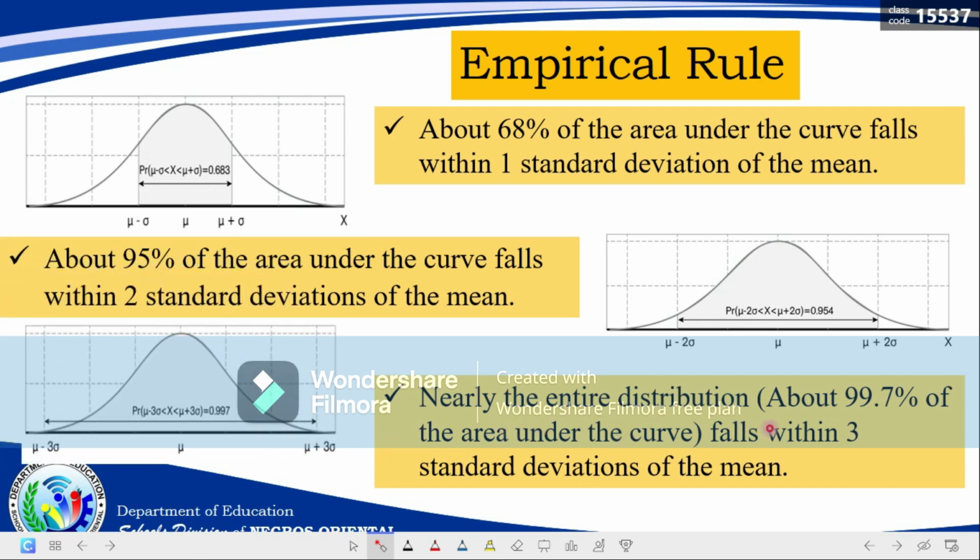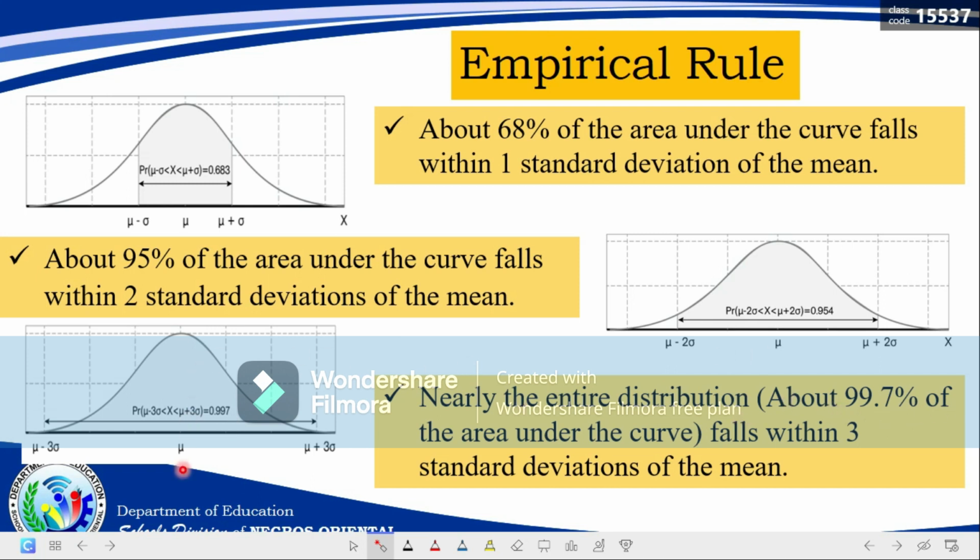Nearly the entire distribution, or about 99.7% of the area under the curve, falls within 3 standard deviations of the mean. So take a look at this normal curve. Again, this is your mean, and this is the entire shaded area. The probability when x is greater than mean minus 3 times the standard deviation, but less than mean plus 3 times the standard deviation is 0.997, and expressing that in percent form, that is equivalent to 99.7%.